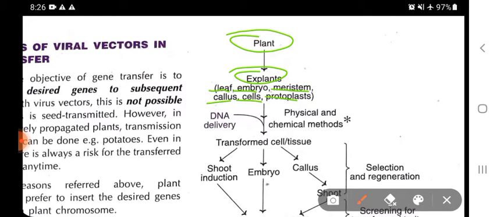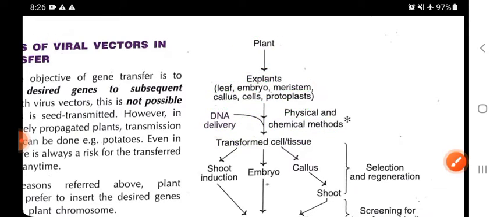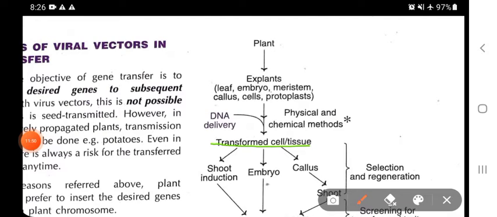At that time we introduce our desirable DNA, either through a physical method or a chemical method, into the explant, and thus we transform that cell or tissue.